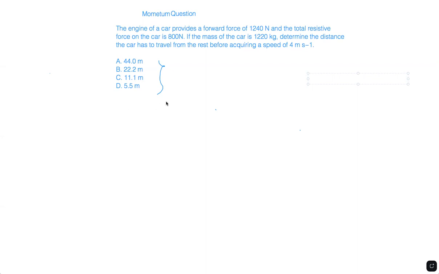So the first thing we'll try to do here is to make sure that we have a formula which states that force is equal to mass times acceleration. Now, in this case, we're going to have a forward force, F subscript F, then we have a backward force.